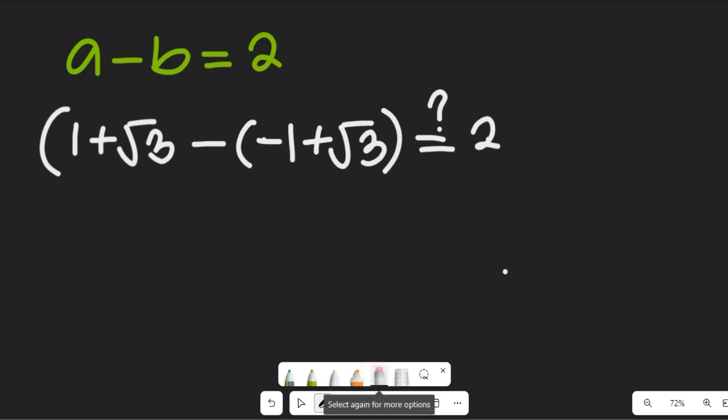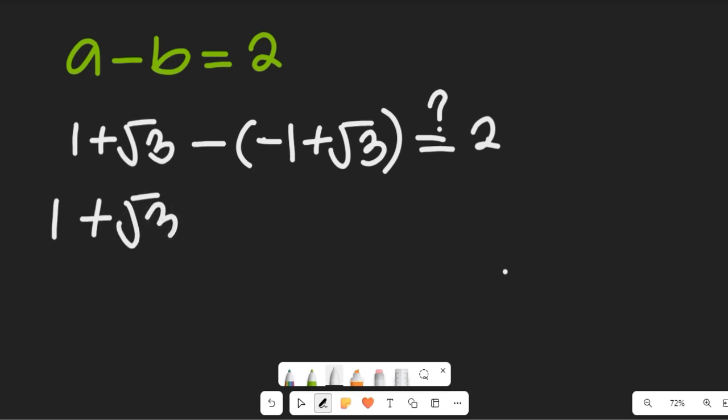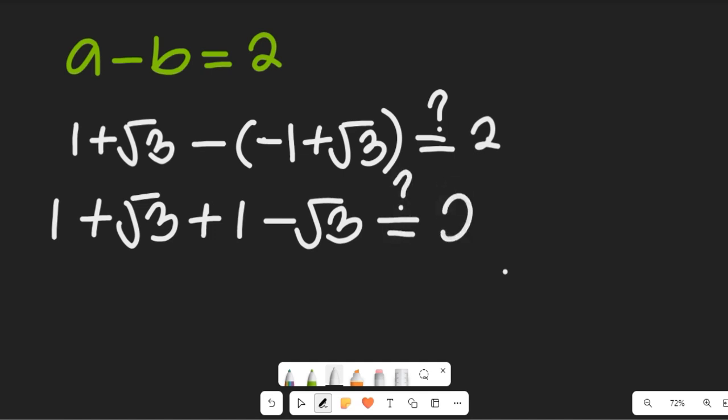Let's try out. So if we try out, this is going to give me 1 plus root 3. Minus times minus will give me plus 1. Minus times plus will give me minus root 3. Now, will this be able to give us the value of 2?